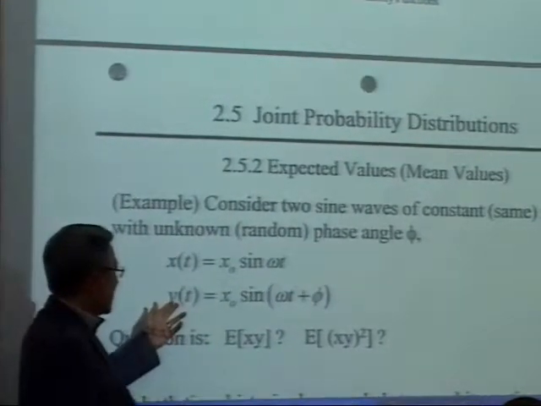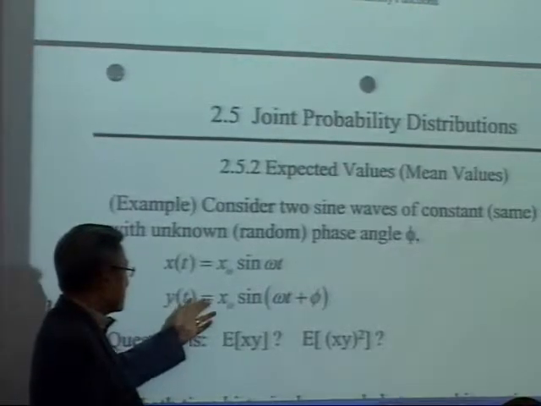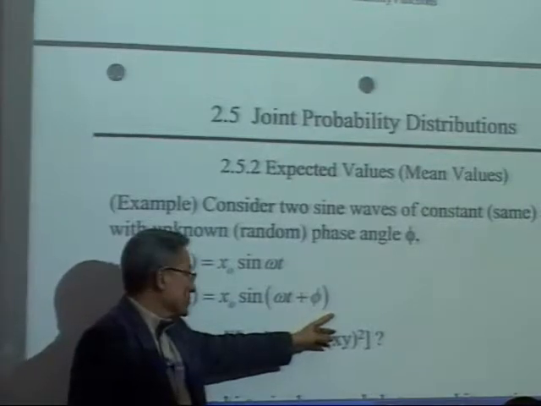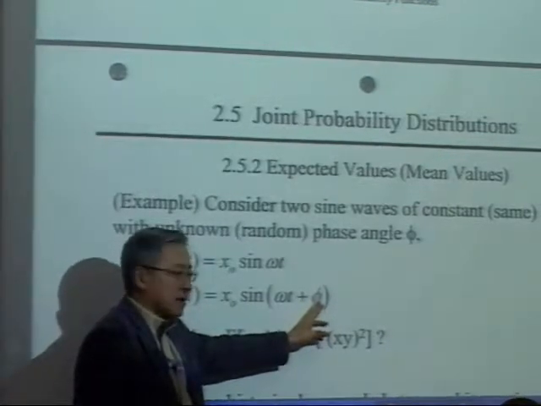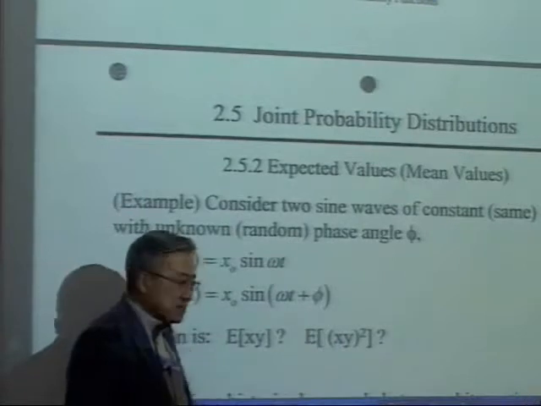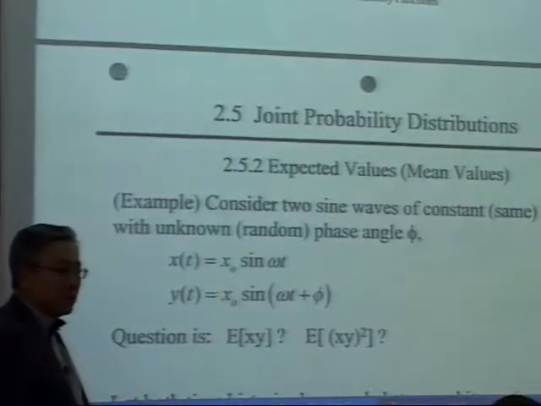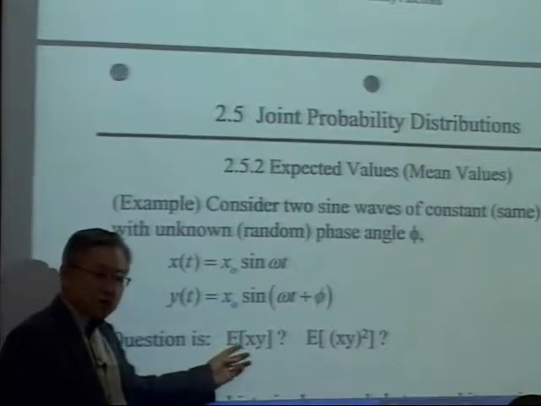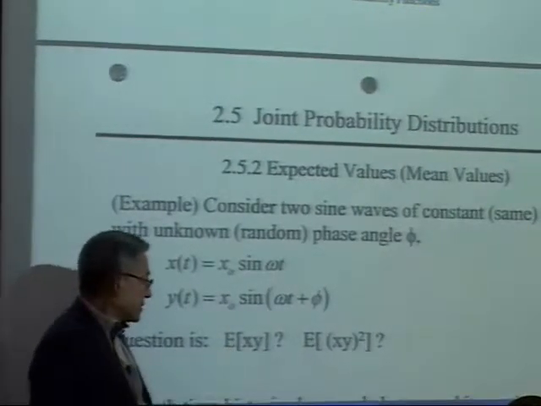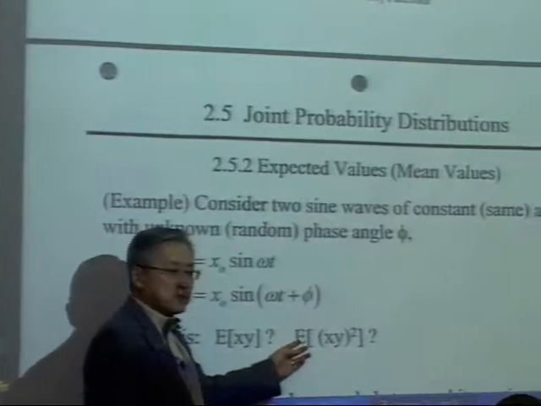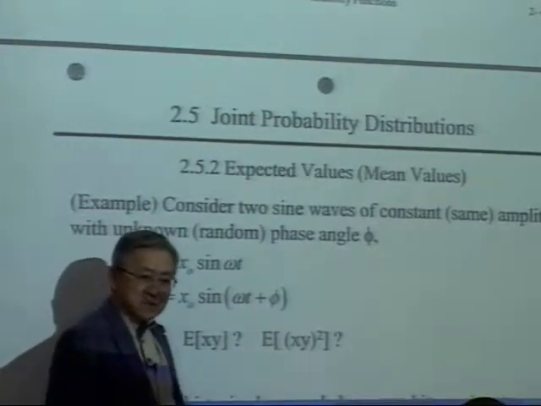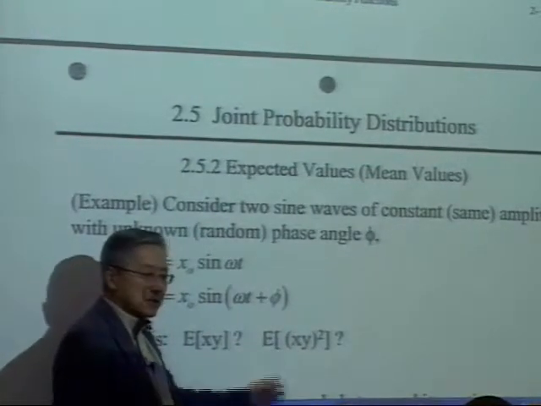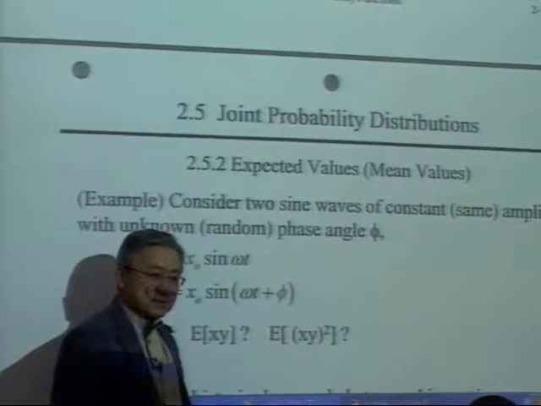Another one is y(t), identical but with the phi, the shifted angle. I said phi is a random variable. Then my question is, what is the expected value of xy? Another question is, what would be the expected value of xy squared? And what would be the expected value of x plus y?